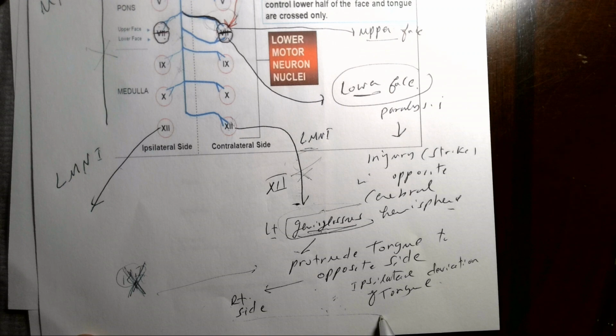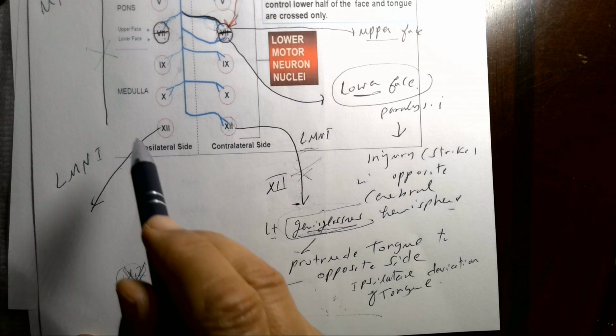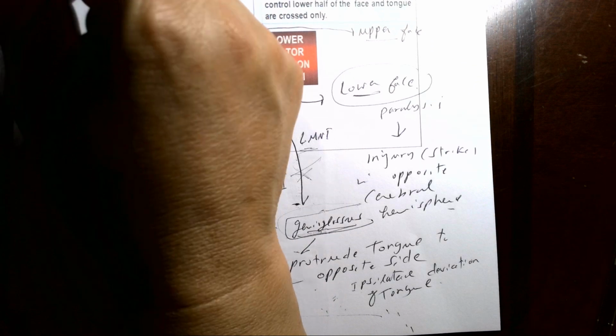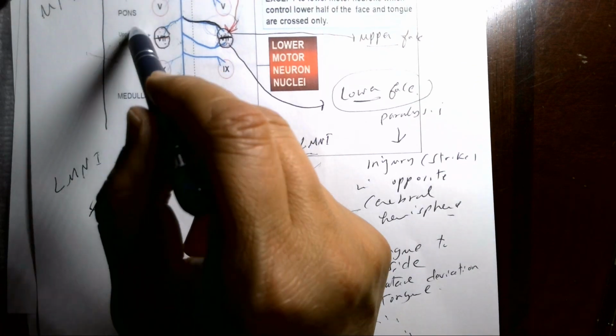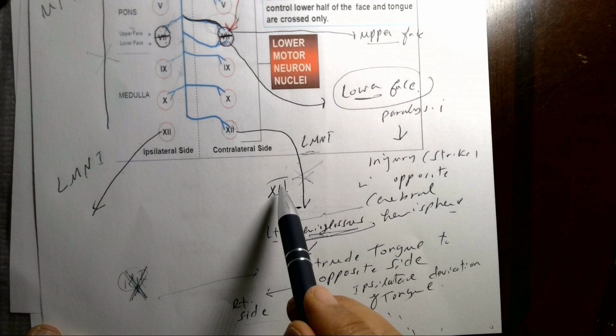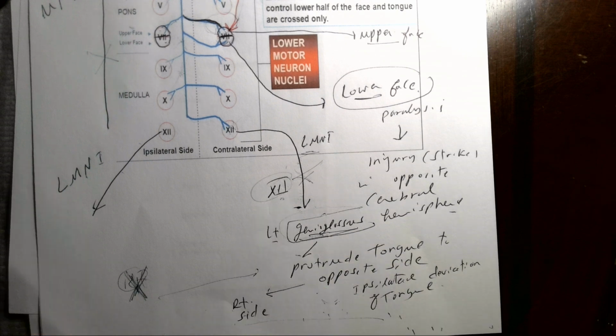So contralateral deviation of the tongue. Right injury in the cerebral cortex, the tongue will go to the left. And again, hypoglossal nerve injury here is going to be on the left side.